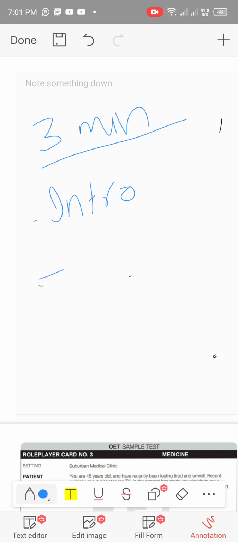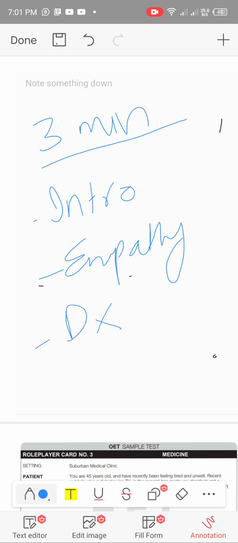Then the next thing is how I'm gonna show the empathy and the reassurance. You should be thinking about this in these 3 minutes if you want to effectively utilize them. Then think of diagnosis. If it's written over there that you need to explain the diagnosis to the patient, think about how you're going to explain this diagnosis.